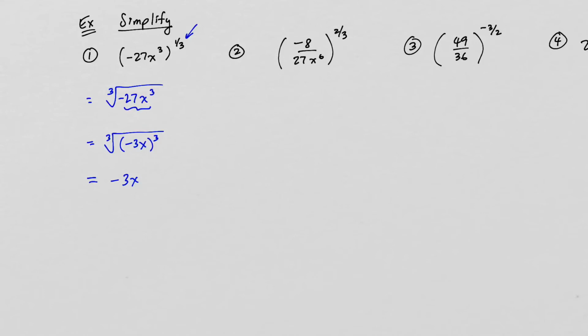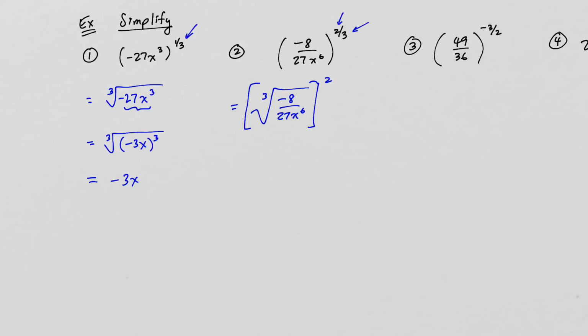The next example is very similar. So once again, we have a cube root. Everything on the inside of the parentheses goes inside of that radical. And then when we're done here, we still need to square it.